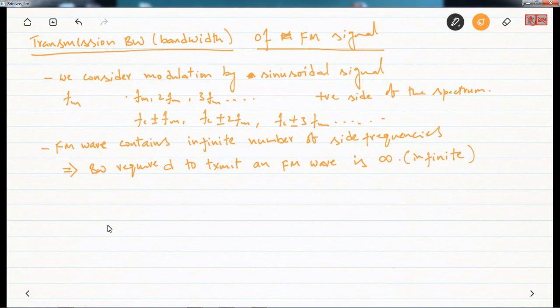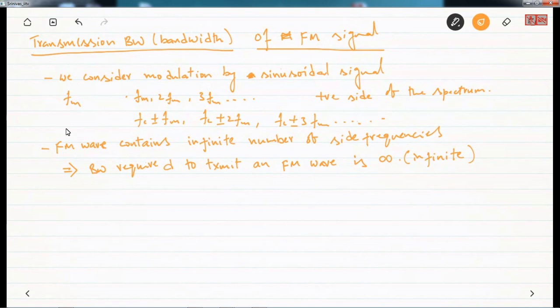Each frequency component contains some power, and if we gather those components which contribute 98% of the total power of the FM wave, we lose 2% of the power, but that may not result in a big amount of distortion. That is the engineering solution to this problem.